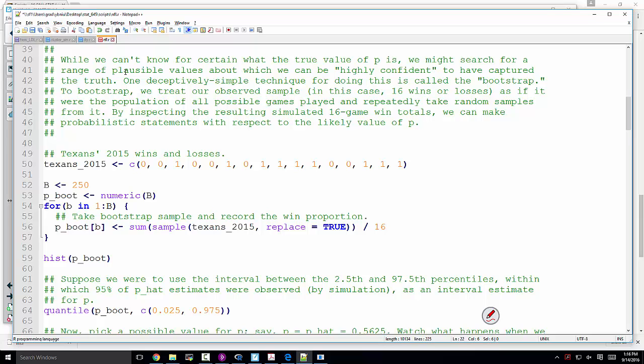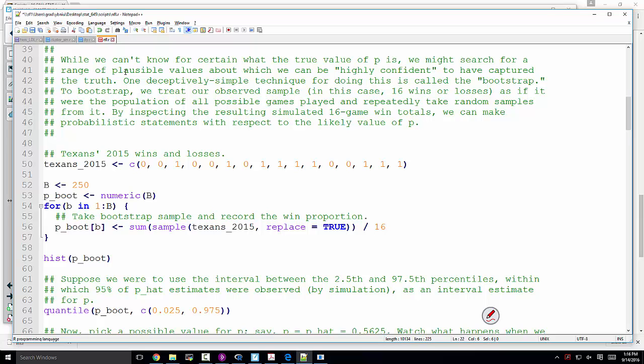Before I do that, I'm going to show you how to use the bootstrap to get confidence intervals. Typically, you would like to have confidence intervals and p-values. A confidence interval gives you a range of values about which you have a stated level of confidence for capturing the population value. Whereas the p-value quantifies strength of evidence with respect to a specific claim.